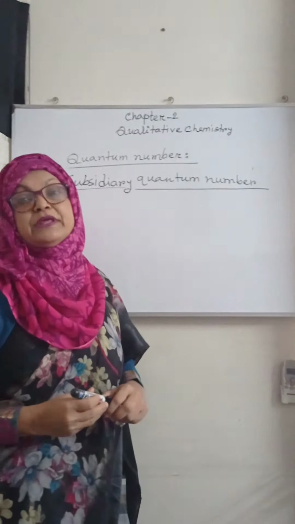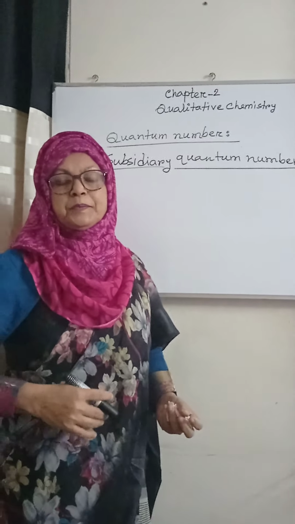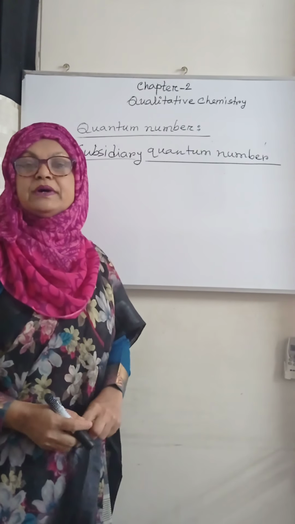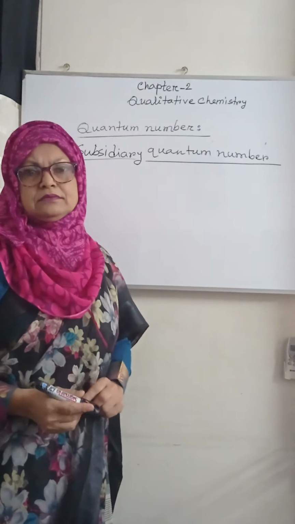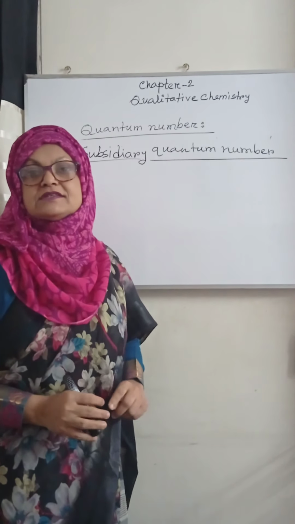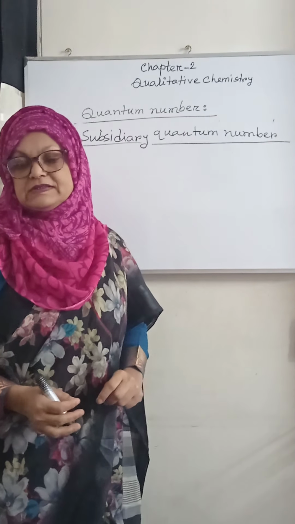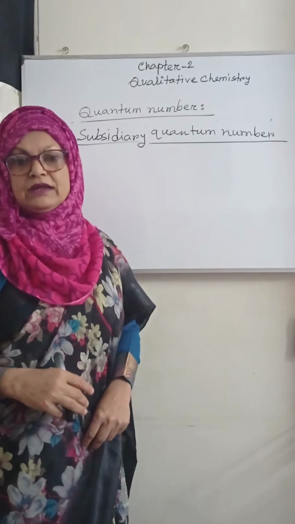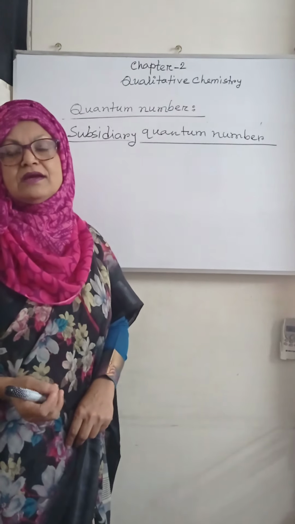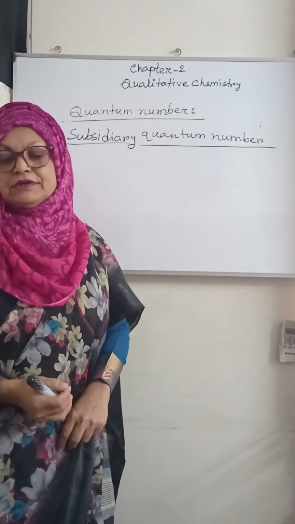Principal energy levels can be further divided into a few sub-levels, and we can identify the number of sub-levels by the value of the subsidiary quantum number.